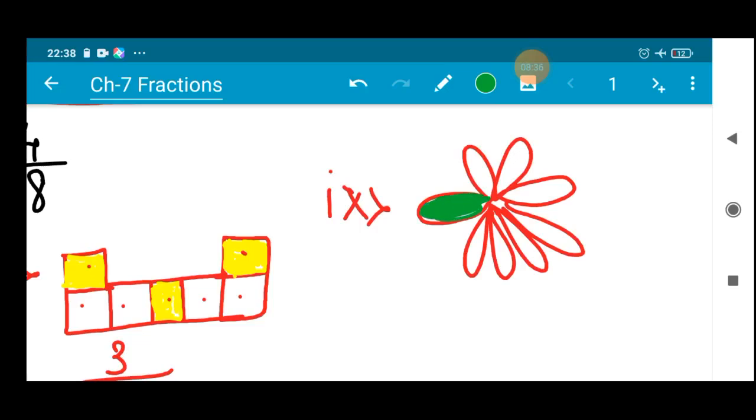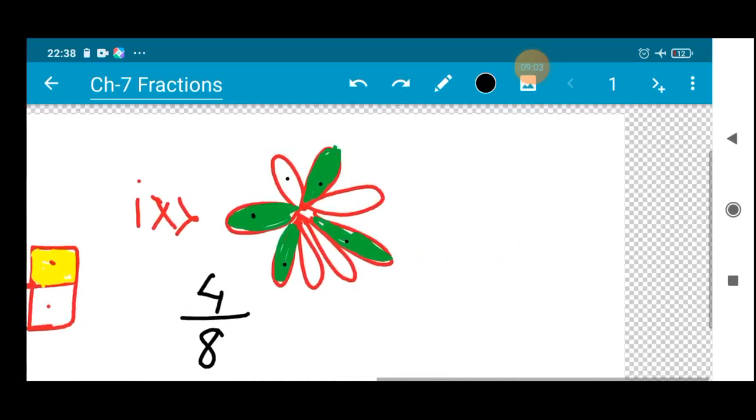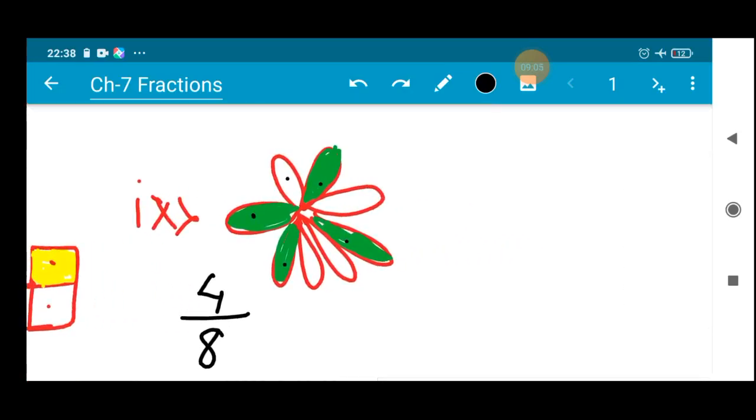So 1 here we have, 2, 3 and 4. So how many were there? There were 8 total parts, and out of which 1, 2, 3, 4 are the shaded region. Yes, so it will be 4 divided by 8. The fraction representing this case is 4 divided by 8.